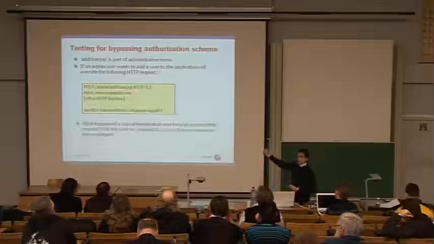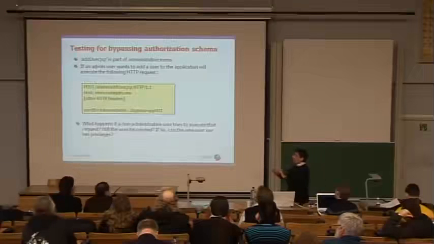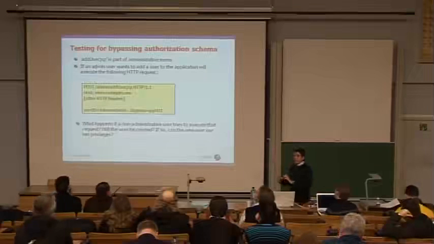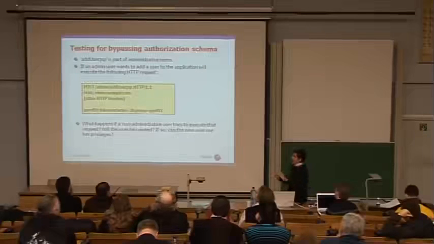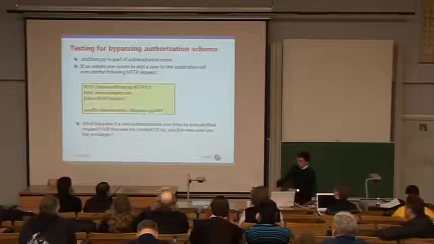For example, if you understand that there are some administrative functions, this test wants to verify: if I do the same with no privileges, what is the answer of the application? Does the application correctly validate the authorization mechanism or not? If you test it, maybe you can find a lot of surprises.